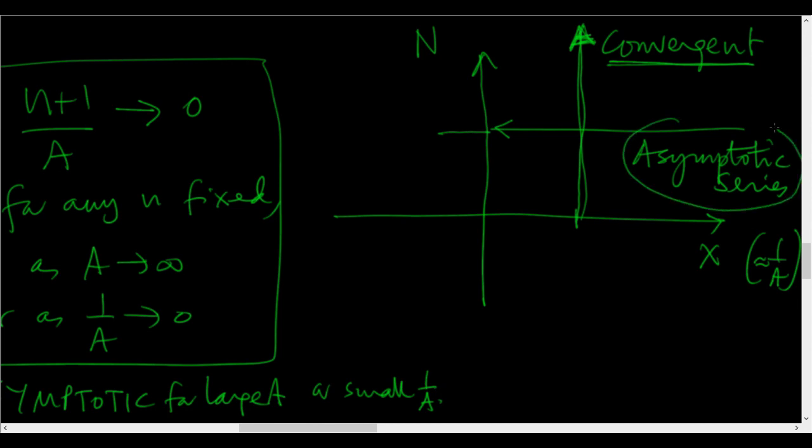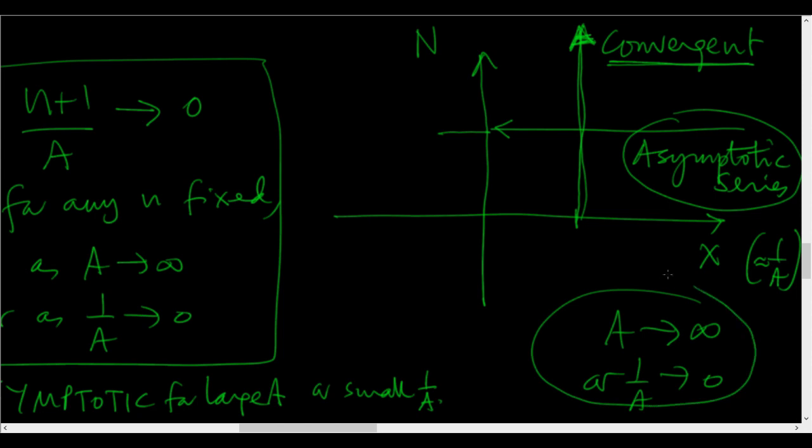But when you fix the number of terms and you take a go to infinity or 1 by a go to 0, in that case you see that it gets better and better and better. Okay, so this is how we have to think about series when we develop approximate methods for solving nonlinear vibration problems, and that will be covered in the next topic, next lecture.